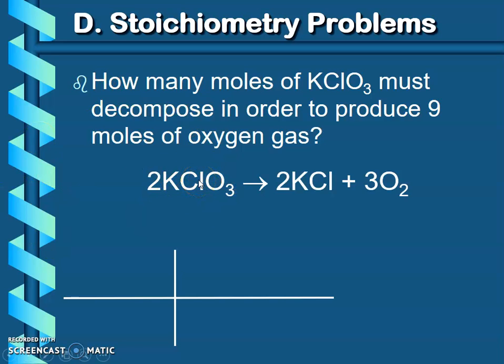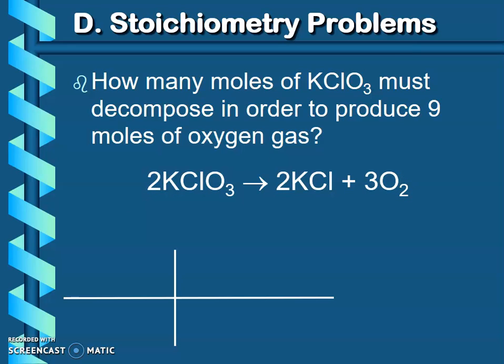So I would give you at least an unbalanced equation that you would then have to balance, or I may just give you the entire equation. Okay, so we have it breaking down into KCl plus oxygen. Okay, so decomposing. So this is now balanced. I have the balanced equation up here for you.